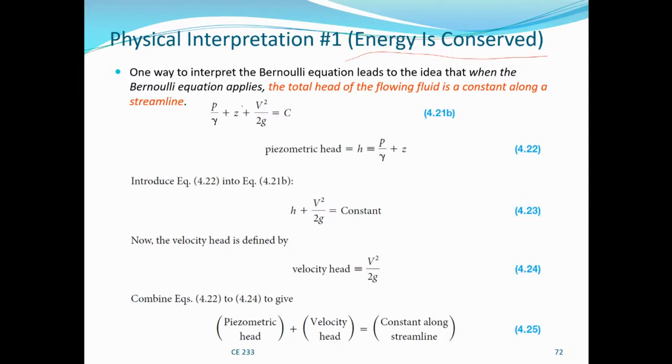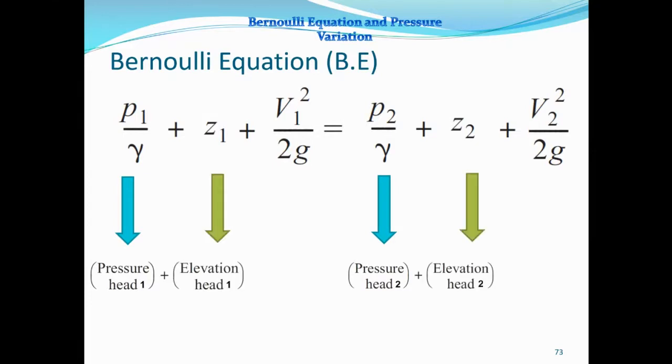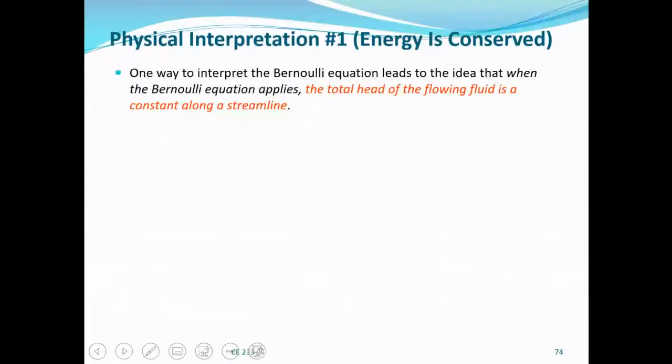Remember this is the piezometric head, which we did before. The piezometric head plus the velocity head remains constant along a streamline. This is the pressure head, this is the elevation head, and this is the velocity head, and this is the piezometric head when you add them up.